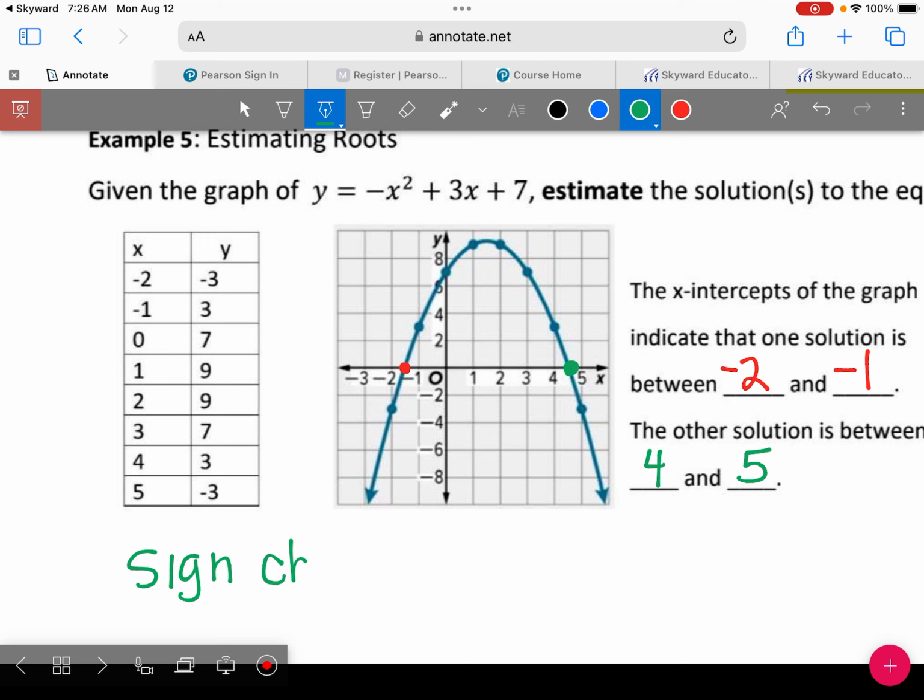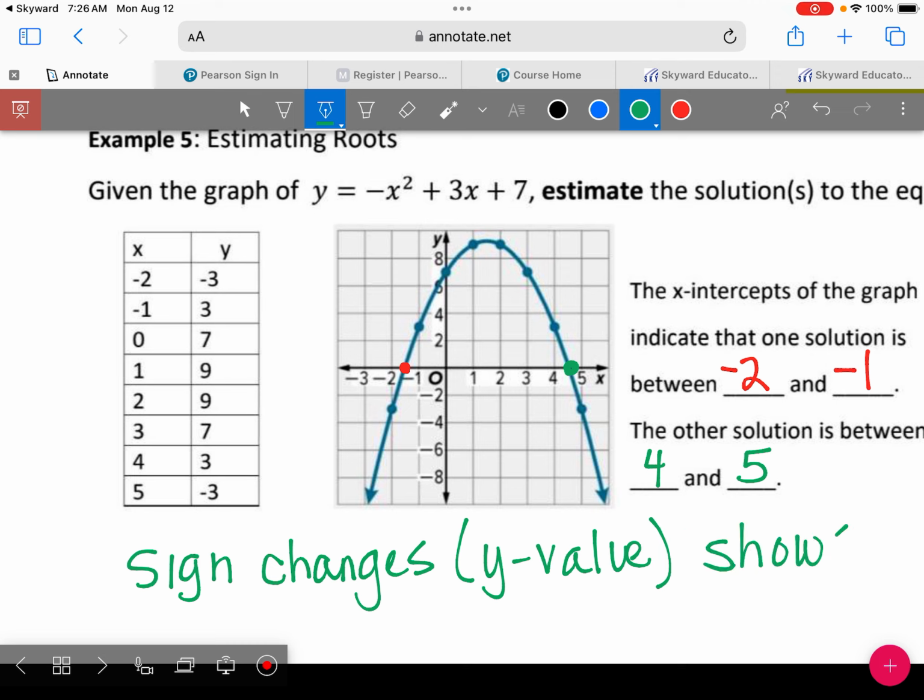Whenever your sign changes, and I'm talking about the y value, that indicates an x-intercept.